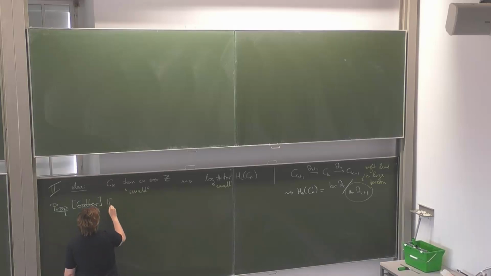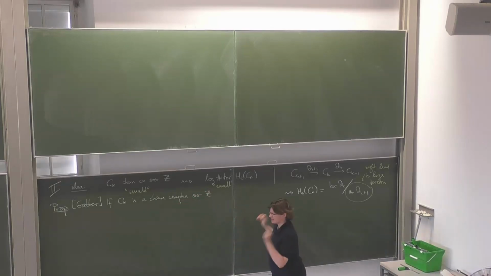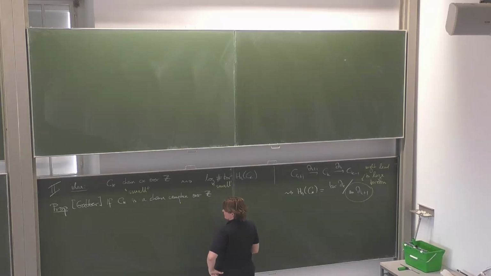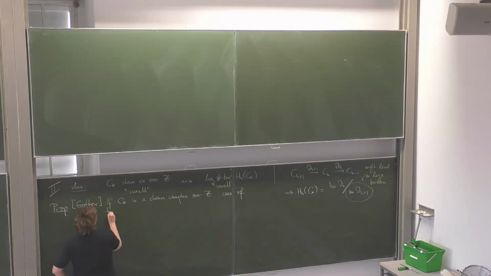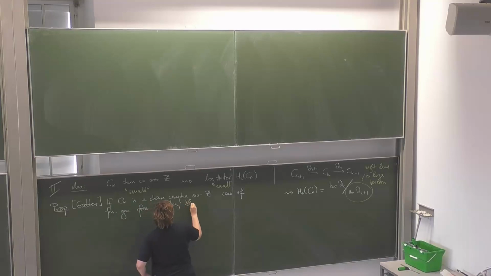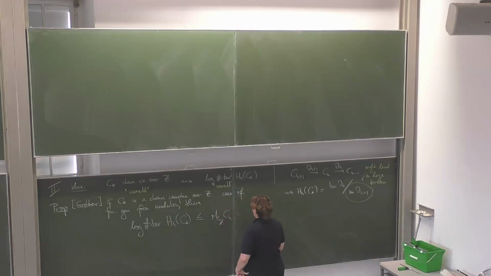So if C star is a chain complex over Z, of finite type, finitely generated in every step, consisting of finitely generated free modules, then if you want to bound the logarithmic torsion of Hk of C, you can do this by taking the rank of Ck times the logarithm of the operator norm of the boundary operator.